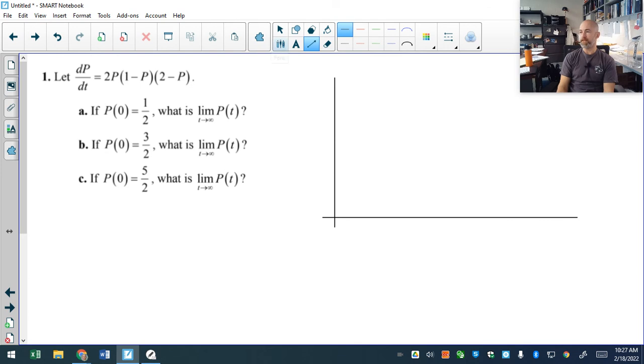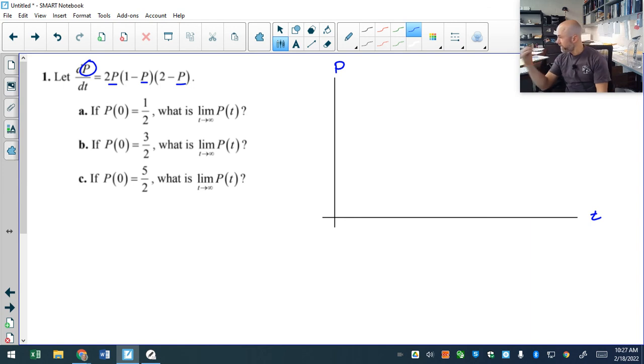Now, first, pay attention to variables here. P is the same as a y. It's dP/dt. So my vertical axis is P, my horizontal axis is t. If I'm sketching slope fields, the easiest slope to identify and work with is the zero slopes. So the first thing I'm going to do is think, when does this give me a zero slope?